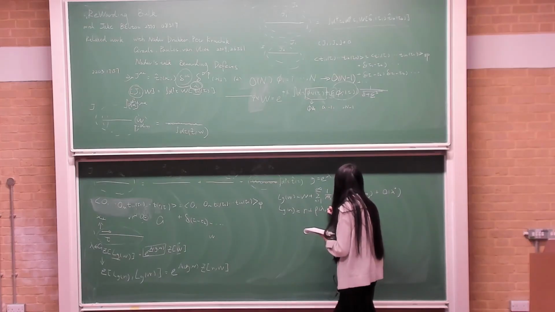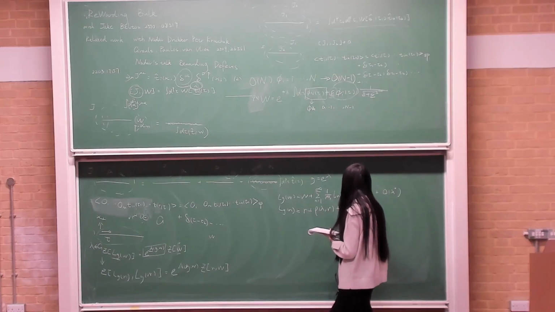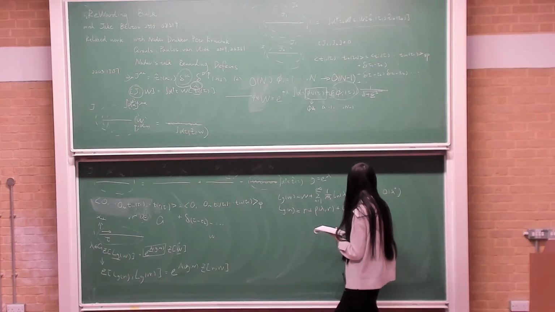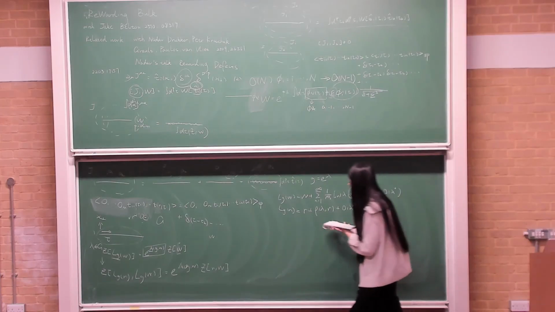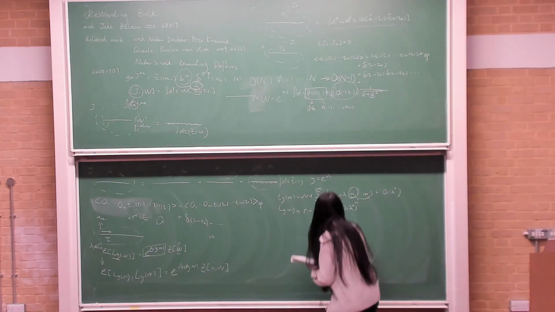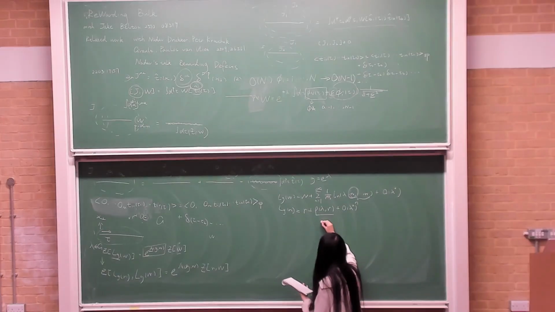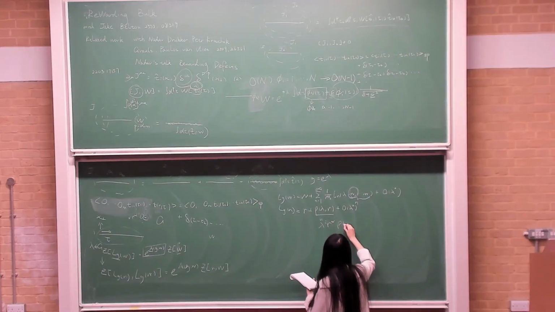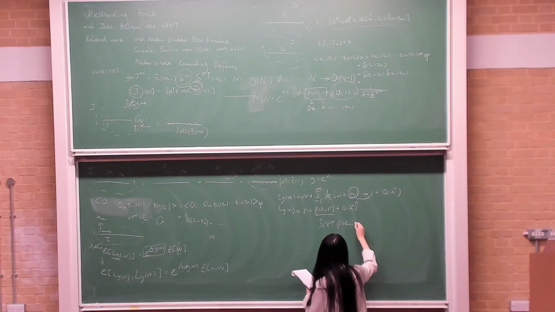I can write a similar expression for that. But this row of lambda r is linear in lambda and r, and it gives you some matrix on the basis.